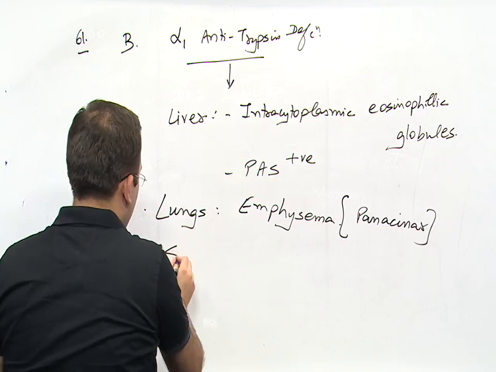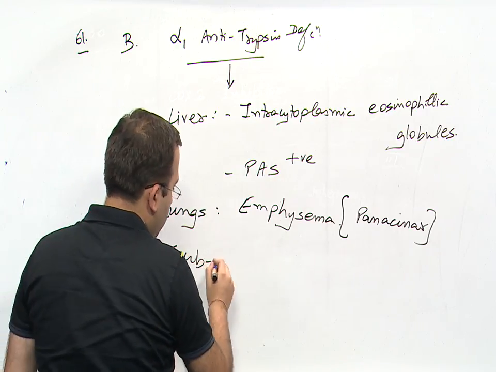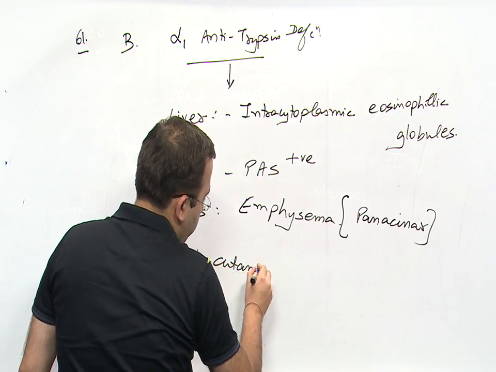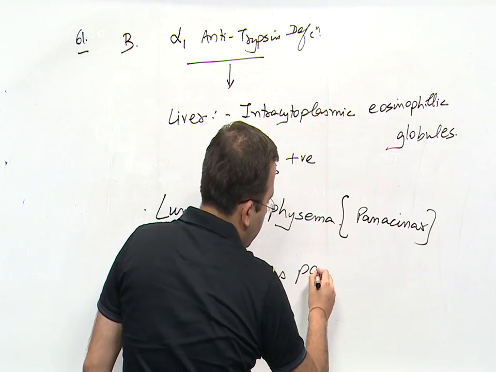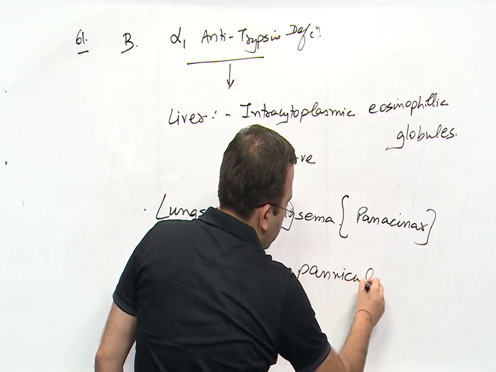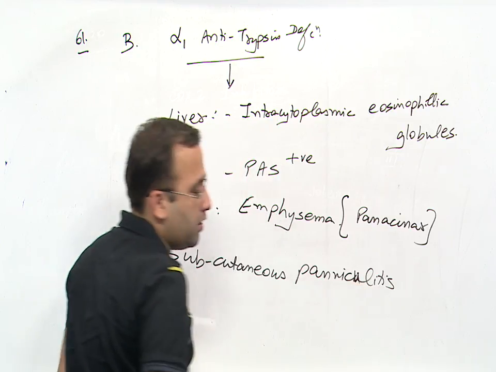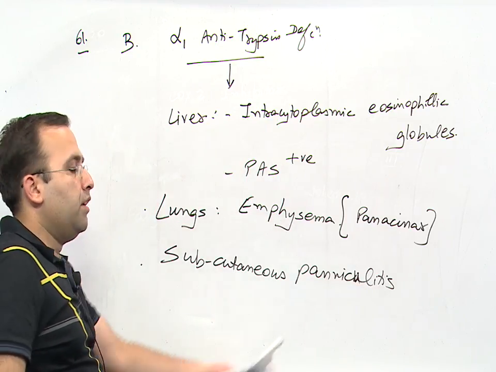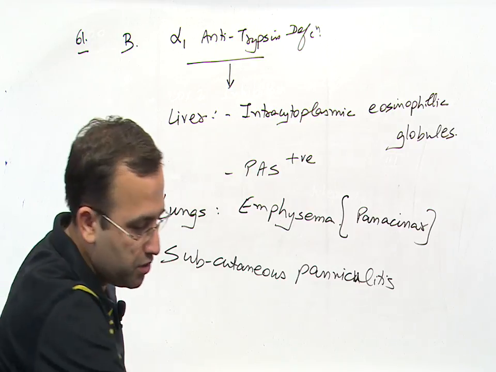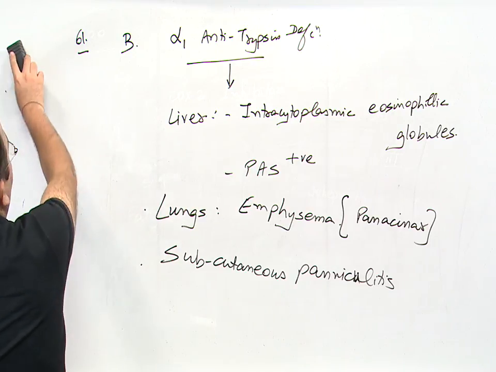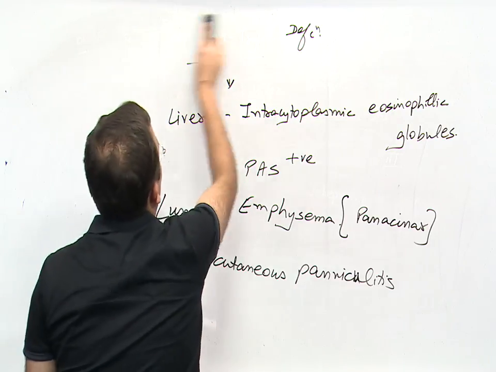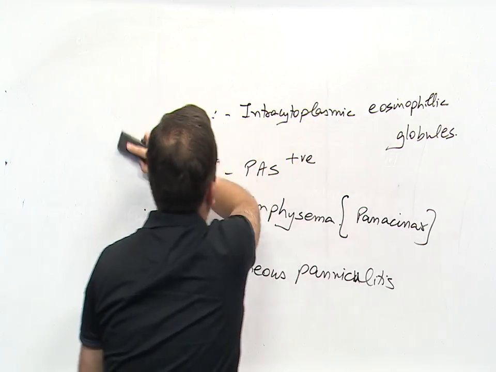Next, it is also associated with subcutaneous panniculitis. Panniculitis means inflammation of the fat, so inflammation of subcutaneous fat is seen in alpha-1 antitrypsin deficiency.